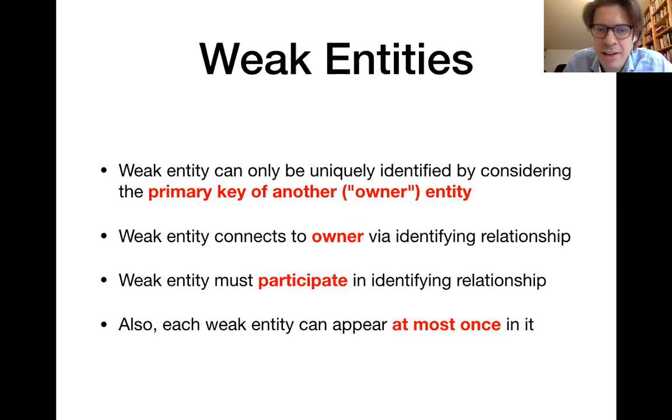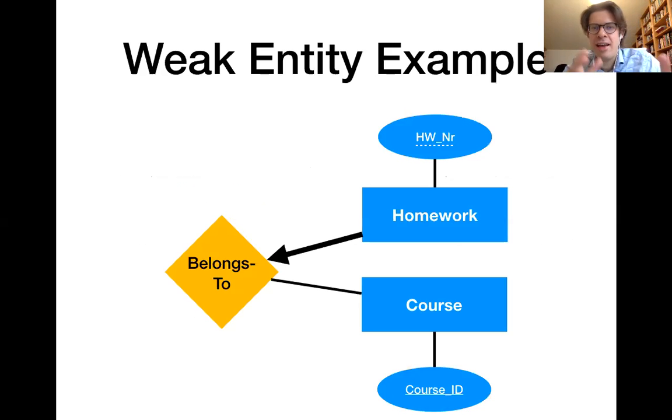To make things more concrete, let's just look at an example. Here, for instance, assume that we have an entity type homework, which stores an attribute that is the homework number. The homework number, all taken by itself, is not necessarily unique, because a homework could belong to different courses.